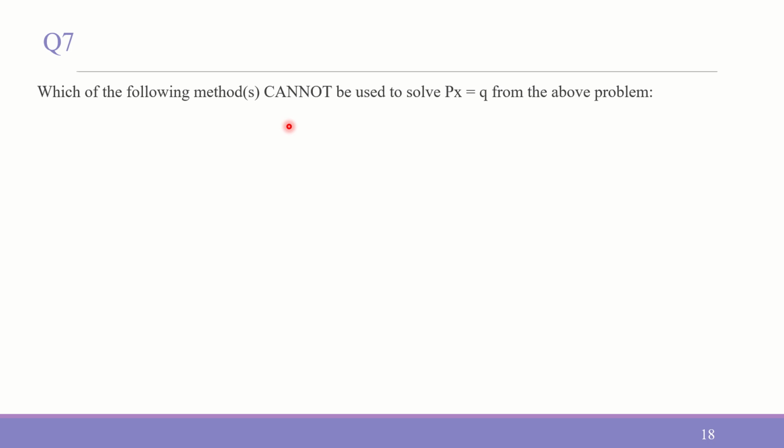Now question 7. In question 7, which of the following methods cannot be used to solve Px is equal to Q from the above problem?